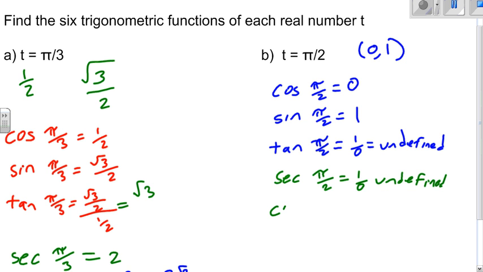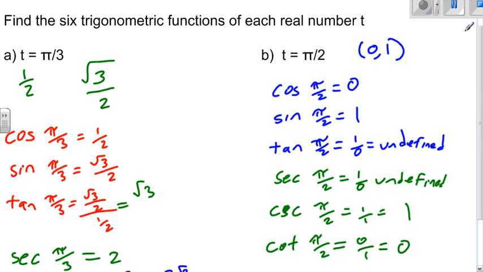Cosecant goes with sine, it's 1 over sine, so that'd be 1 over 1, which is 1. And last, cotangent, it'll be the flip of 1 over 0, so it'll be 0 over 1, which is 0.